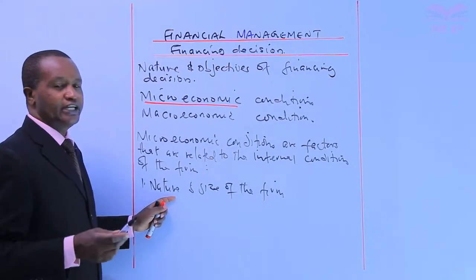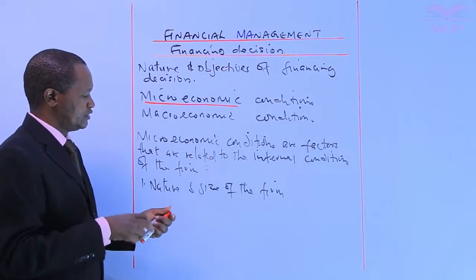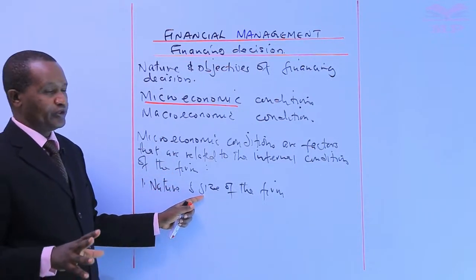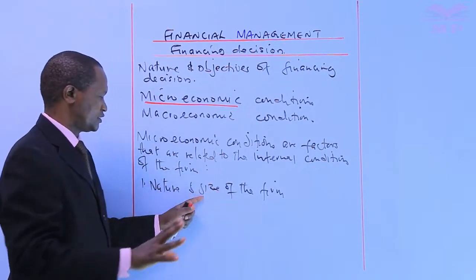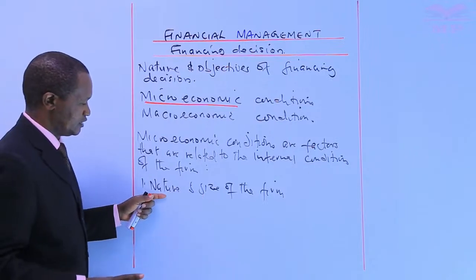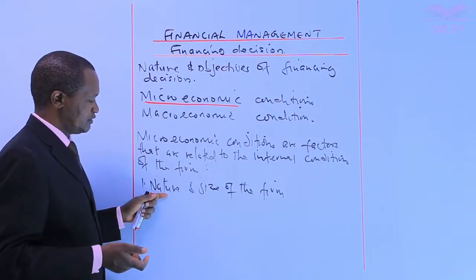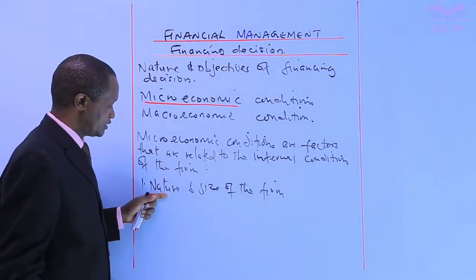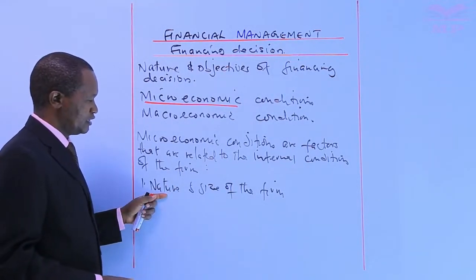The nature and the size, because we have small farms, we have large farms, we have private farms that are run by families, we have farms that are incorporated.